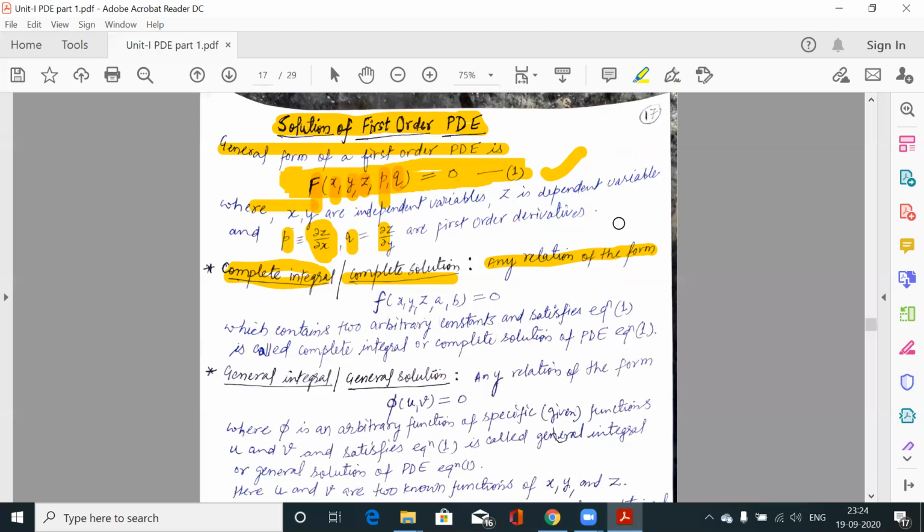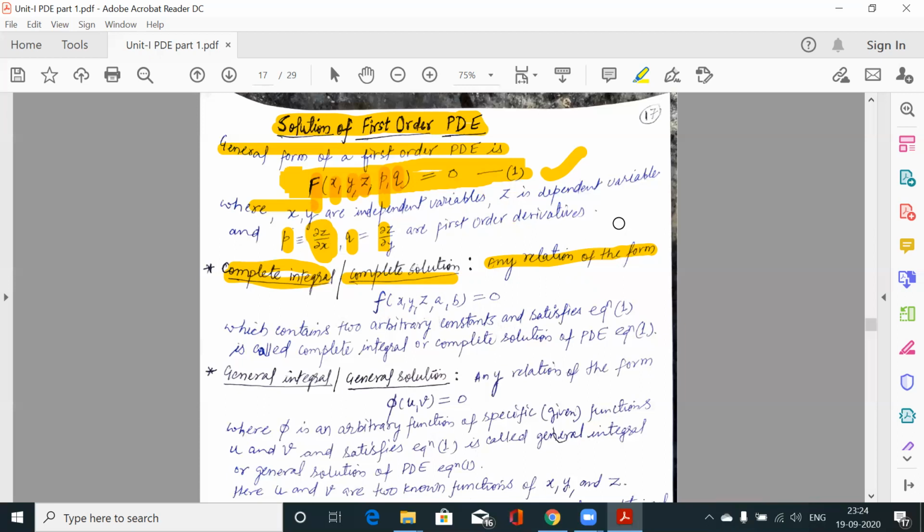Otherwise in the examination you will find a simple question, solve this PDE. So you have to identify which type of PDE it is, because based on that only you can apply the available methods. In our first topic we have a single method, which we will discuss after some minutes.